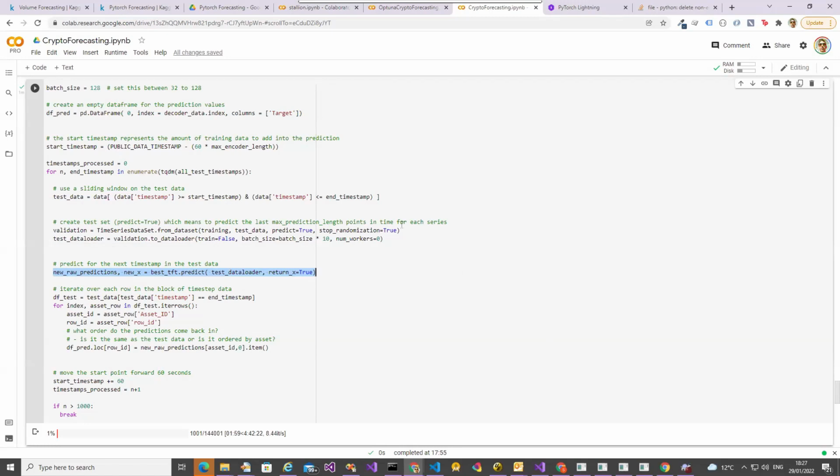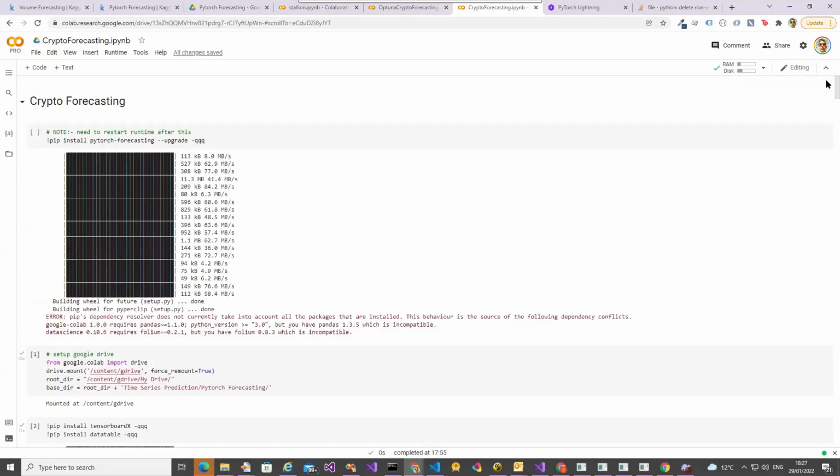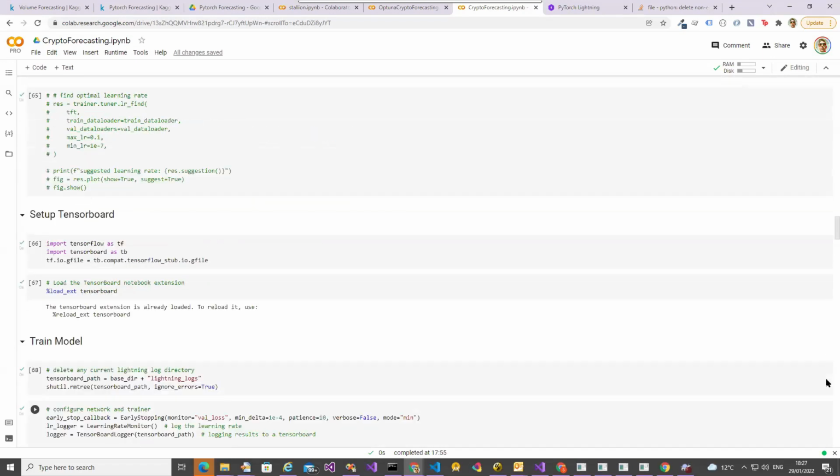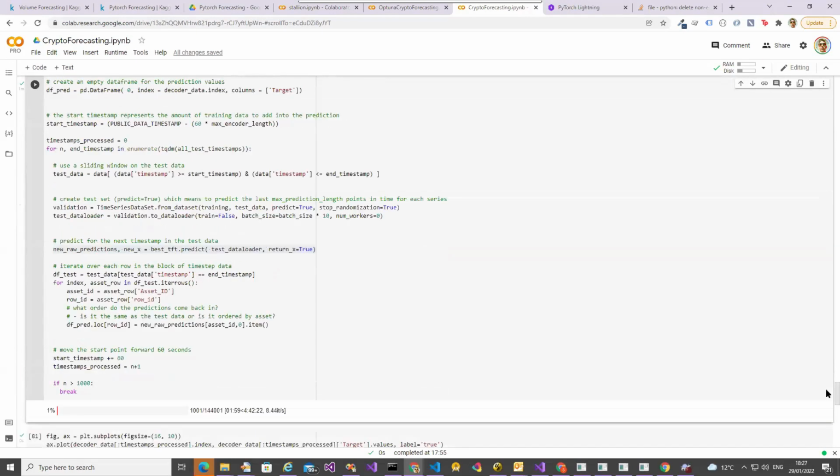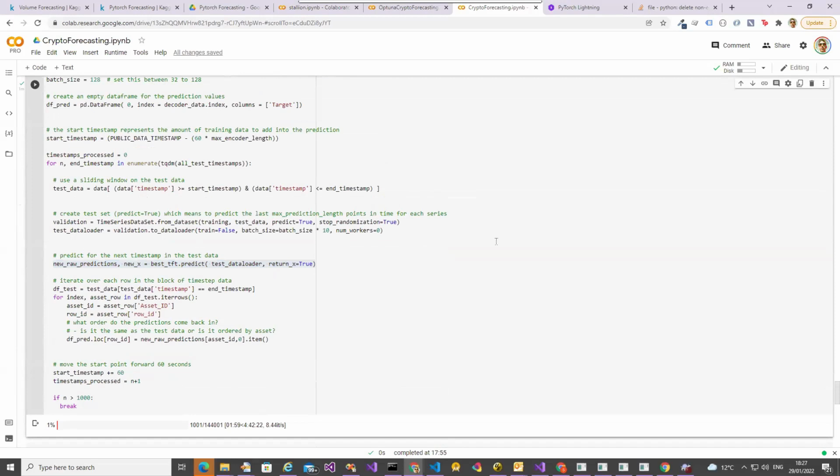I haven't looked at the paper at all for the fusion transformer thing. So perhaps, but this one may be a PyTorch forecasting thing, but I don't know.